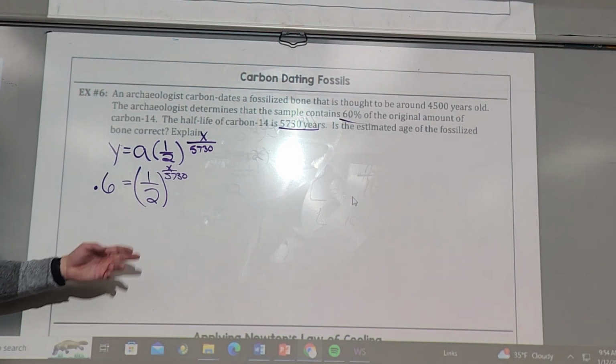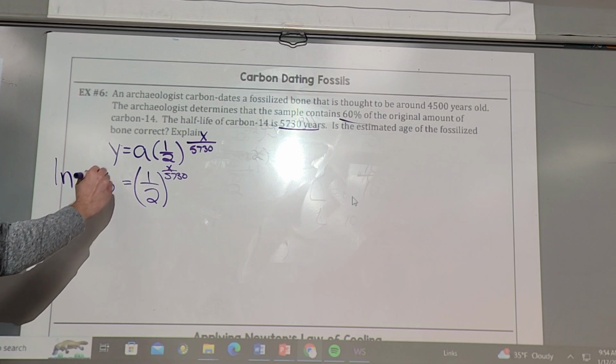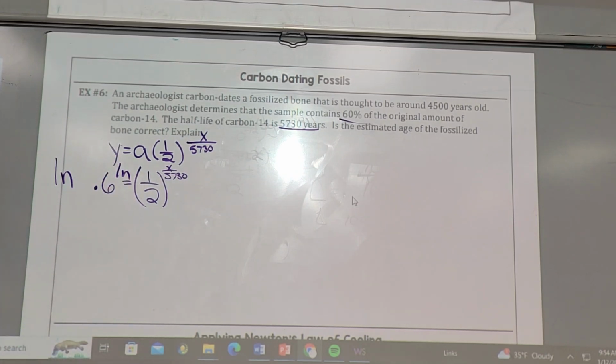Could I use log of a half? I could. Why didn't they do it that way? They do, actually. I'm going to show you that way. I'm going to actually use natural log, because it's the most common way to do it in calculus. You just always use natural log.